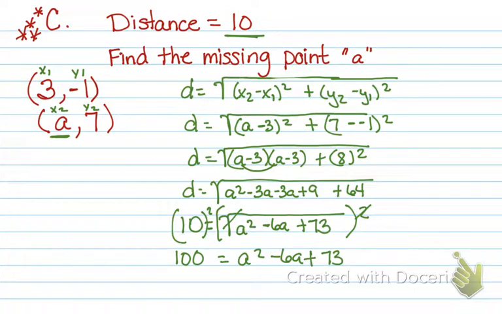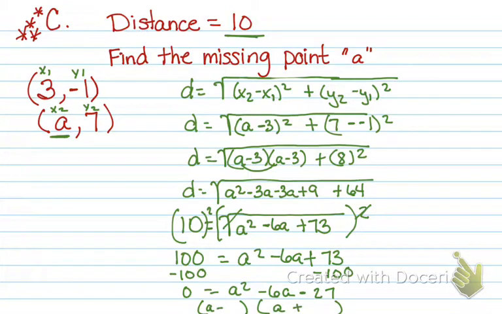From that point, I can solve it like a quadratic. Minus 100 on both sides, I end up with 0 equals a squared minus 6a minus 27. Then I'm going to factor. What numbers will give me a negative 27 but add together to get a negative 6? One's going to be negative and one's going to be positive: a negative 9 and a positive 3.